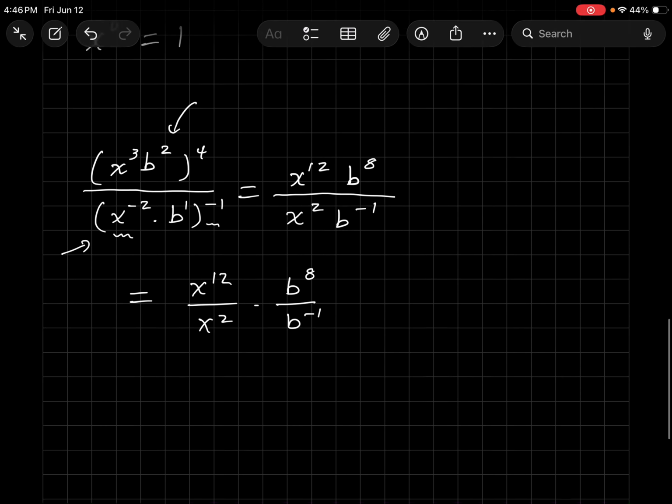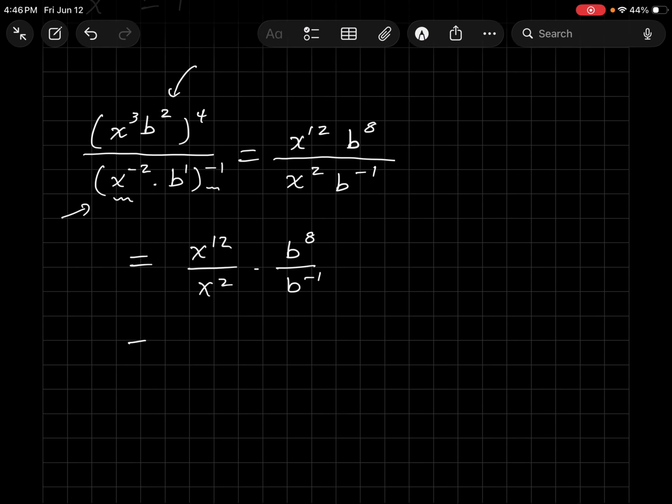And let's just handle the x's for now. Now I have division, same base, which means we subtract the exponents, giving us x to the 10th times b to the 8th over b to the negative 1.